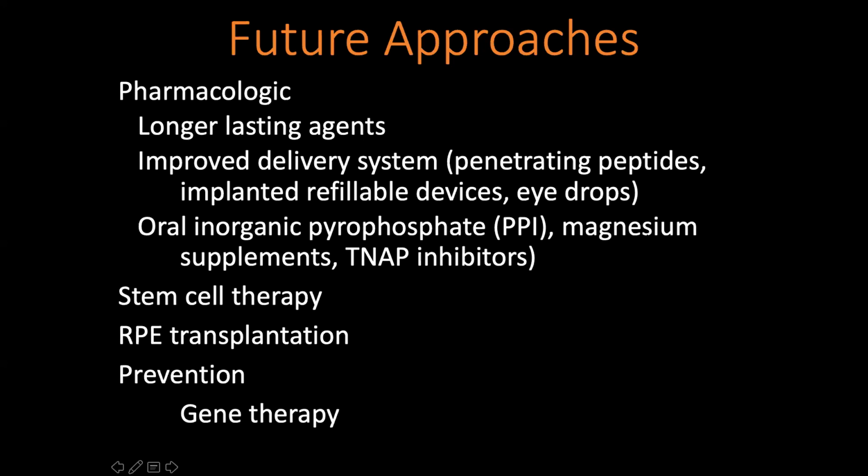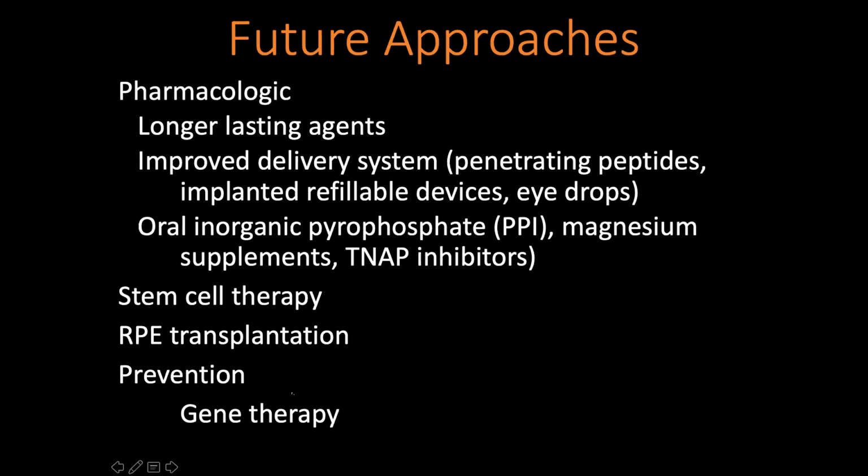You may have heard a little bit from Yoni's talk about pyrophosphate, inorganic pyrophosphate, which might be taken orally. This is deficient in PXE patients. We mentioned the magnesium supplements that may be effective. We need larger studies to prove that this is effective. And the TNAP inhibitors, or inhibiting some of the enzymes. Stem cell therapy is in the future, as well as retinal pigment epithelial transplantation.